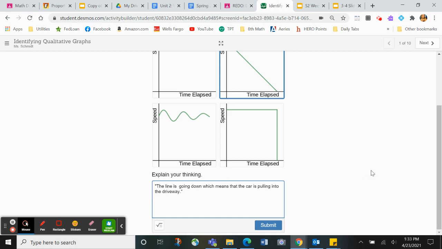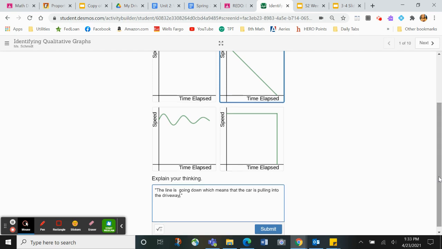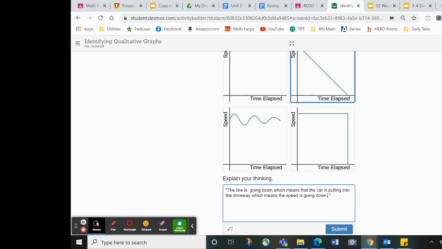More advanced students may have said something about which means the speed is going down.